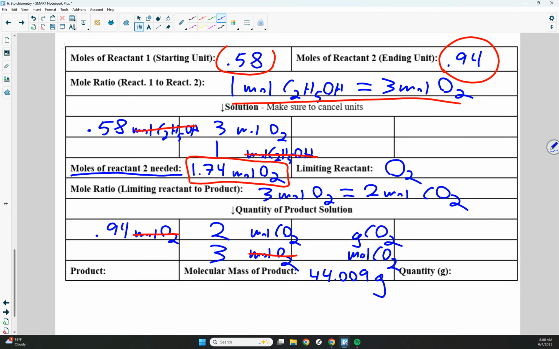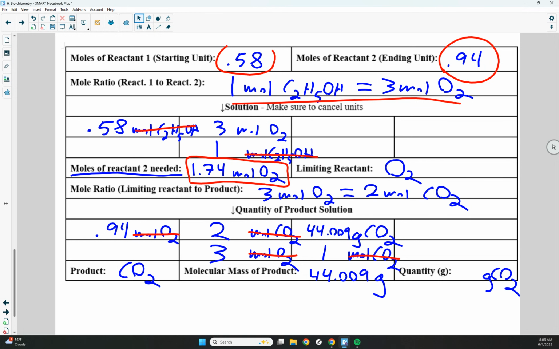You'll have to add that up on a separate piece of paper. And so I'm going to put that into my table. And that is my basic setup. My product of interest, of course, is CO2. So when we arrange it like this, I can now cancel out moles of CO2. And that's going to leave me with my answer as grams of CO2.